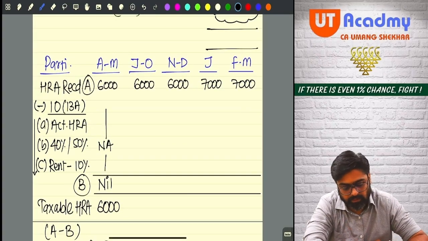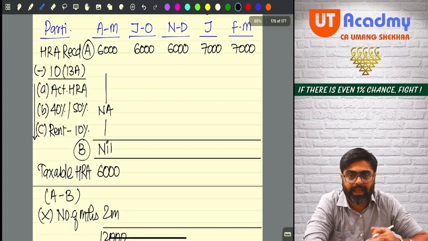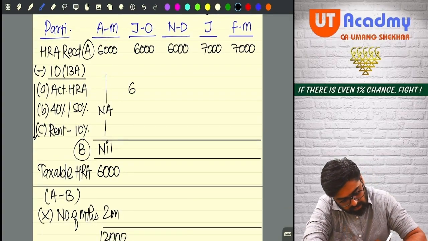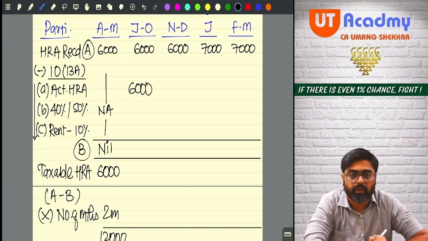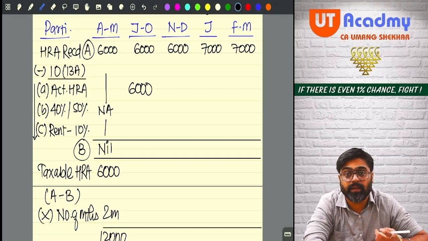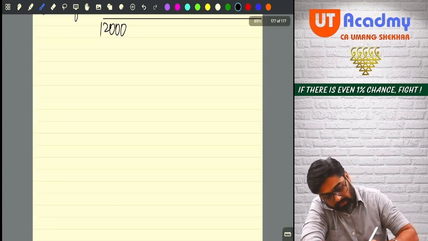Next one, June to October. Actual HRA, it was how much? 6,000. Now for June to October, I will take 40% of salary because the rent is paid in Ghaziabad, a non-metro city. For that I need salary. So first I will calculate salary.